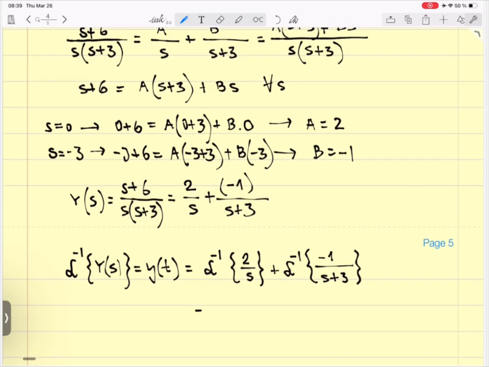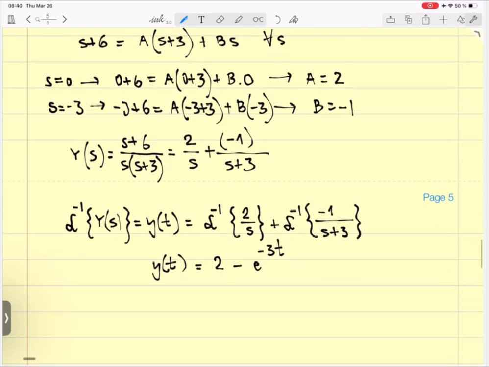And this is going to yield 2 minus exponential of minus 3t. Which, if we represent the function, leads to this behavior.